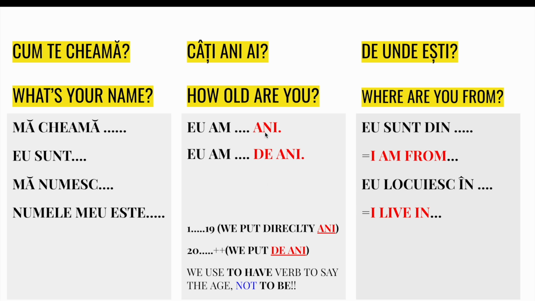The difference between "ani" and "de ani" is explained right here. From the numbers from 1 to 19, we put directly "ani." From the number 20 up, we put "de ani." Like "eu am 9 ani," I have 9 years old.